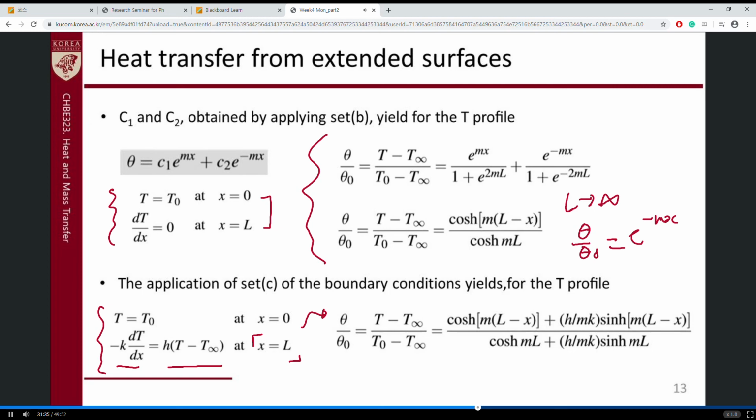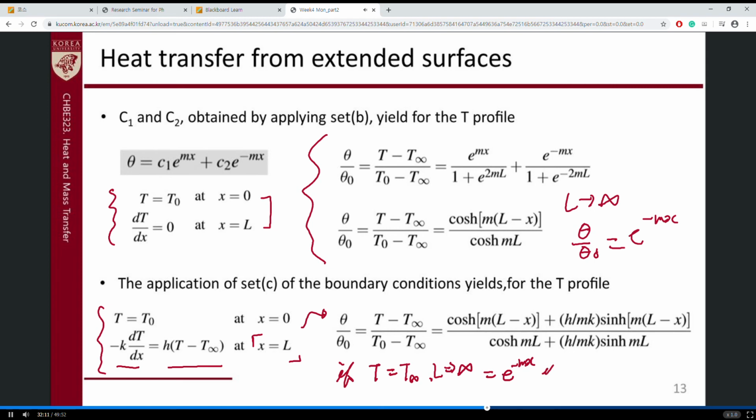Okay. Let's see. And for these equations, we can make it simple. First thing is if t equals infinity and L equals infinity, then this equation is the same as the result that we got in the previous slide.